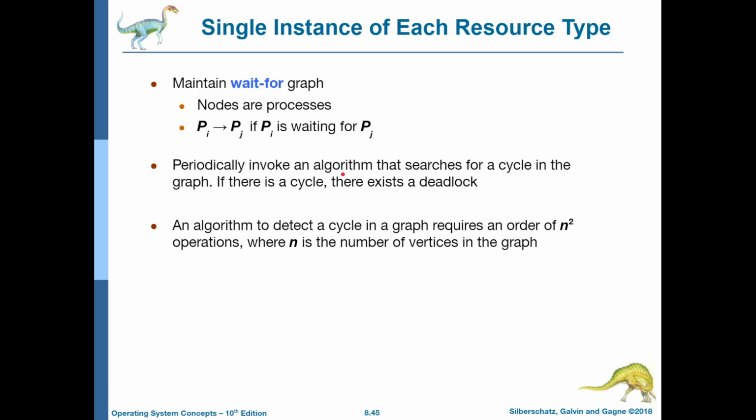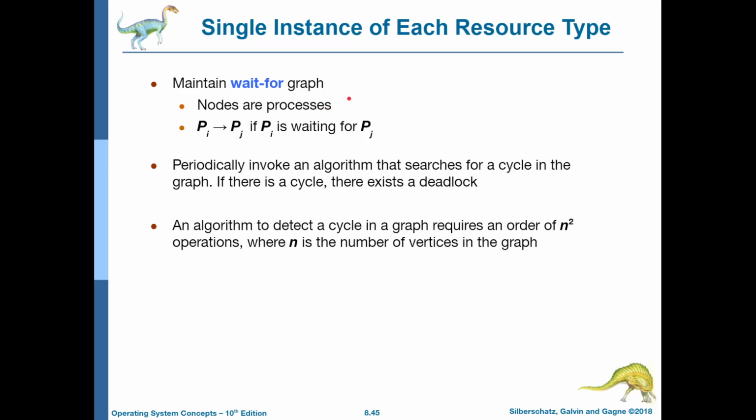When it comes to deadlock detection, there are a couple of ways this can be done. The first is using a single instance of each resource type. We maintain what is called a wait-for graph.